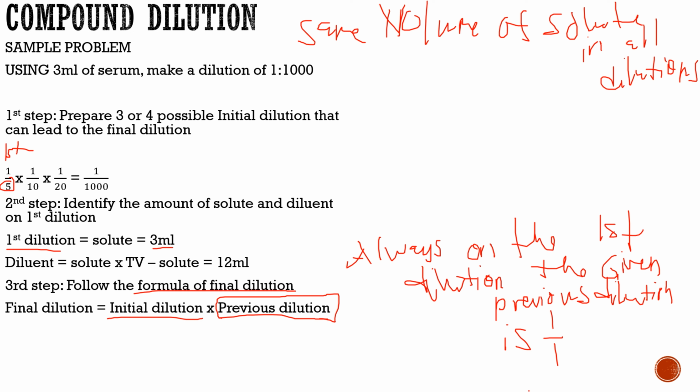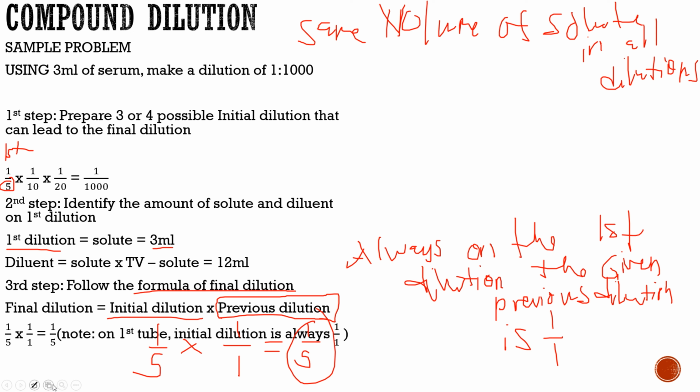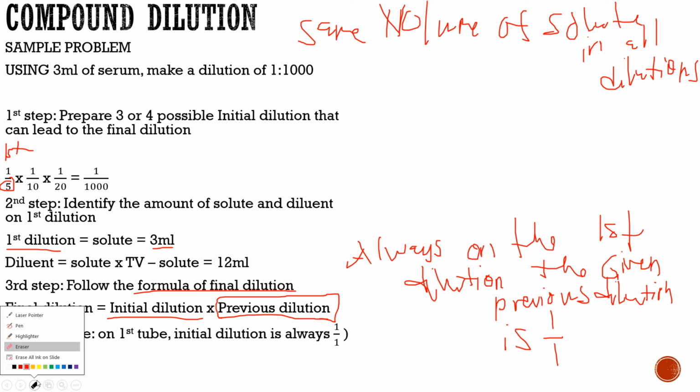Remember, wala kang ang previous dilution. It was never diluted. So yun kasi nga siya yung first dilution mo. So apply natin. So ang initial dilution mo dito is 1:5. Then ang previous dilution mo is 1:1. You get 1:5. So ito na ngayon class ang final dilution ng first dilution mo, 1:5. Okay, I hope that was clear.